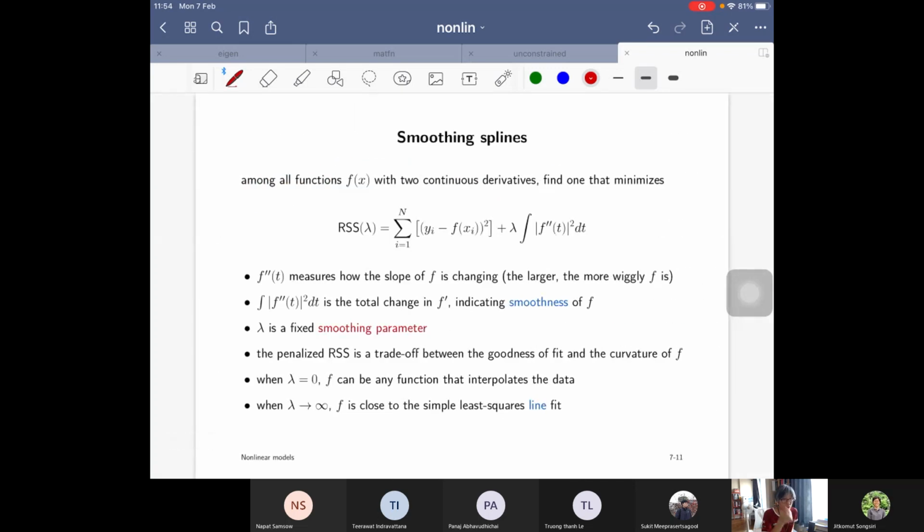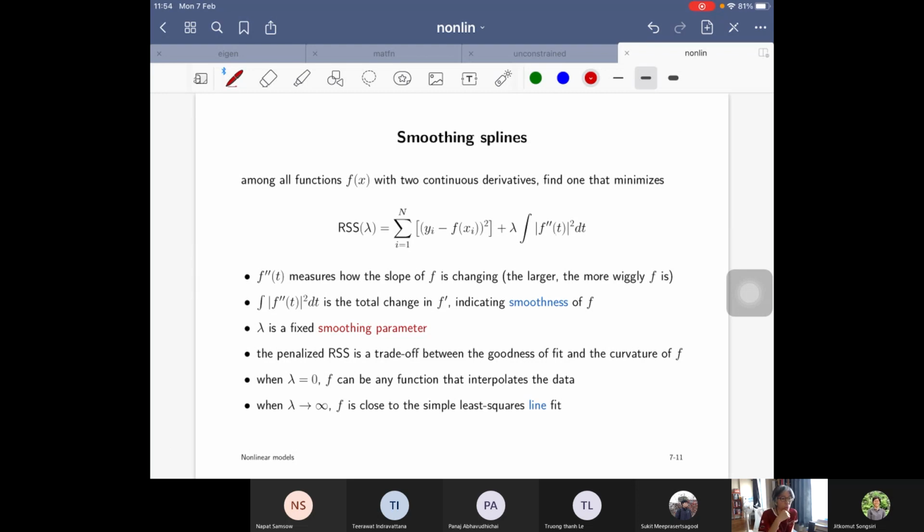Now we have seen regression splines and natural splines. Next, and the last concept, is the concept of smoothing splines. All right. So I would like to get right into the definition first and then explain the connections.